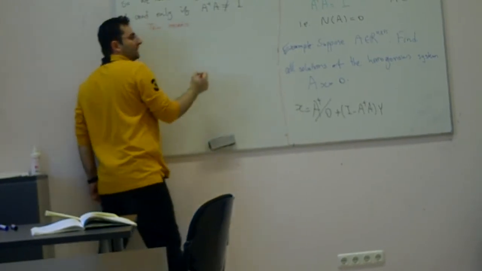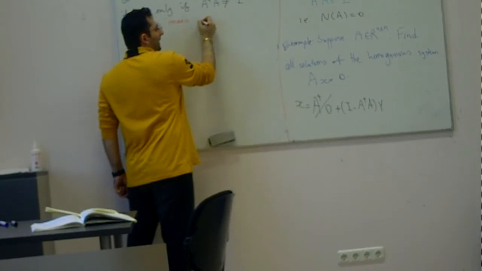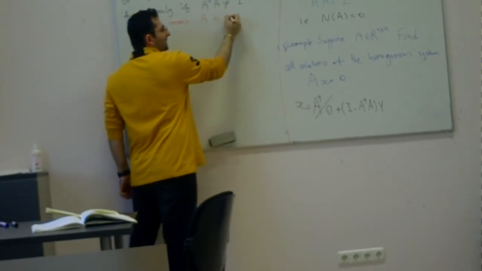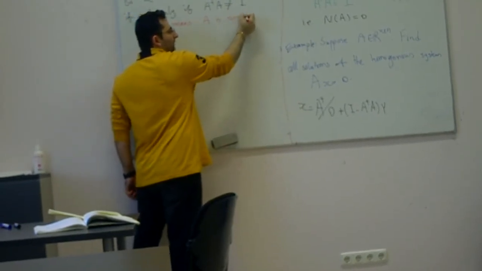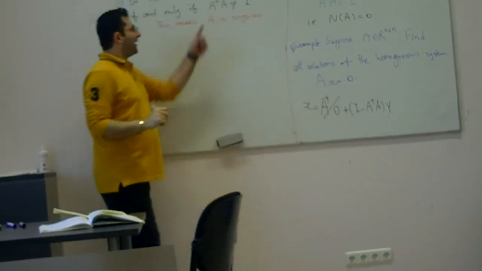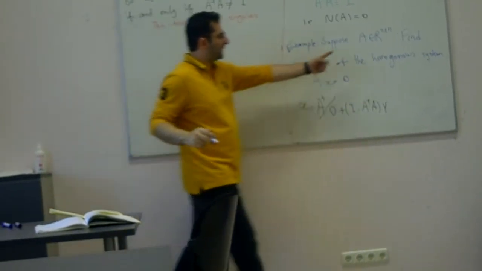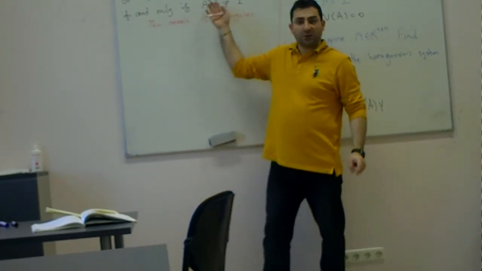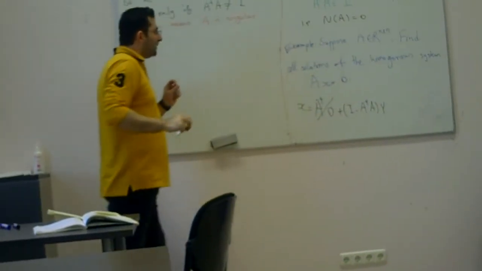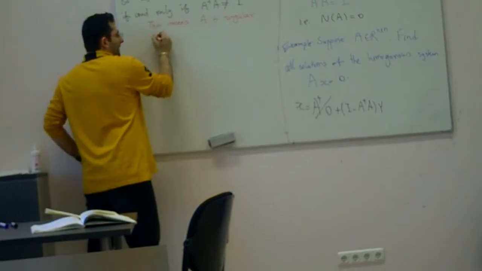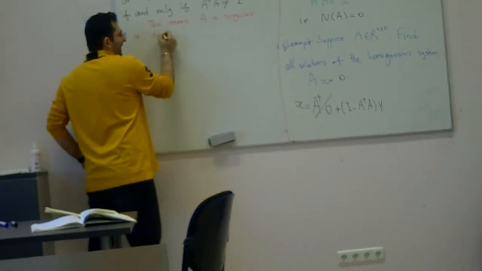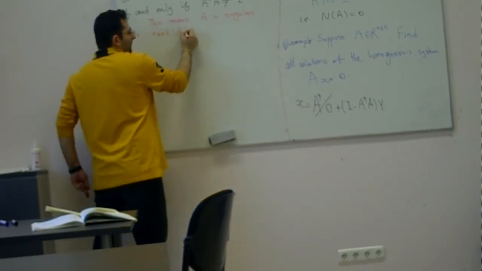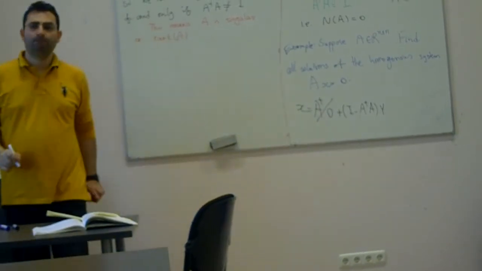This means A is singular. That I have pseudo inverse because we know it's already a square. In order to keep it in the pseudo form, it should be singular, or it means rank of A. What should be the rank of A?